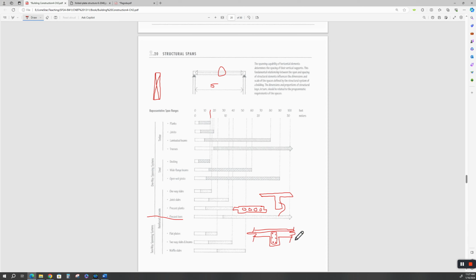And then here is your slab steel, longitudinal and cross longitudinal. And if it's a two-way slab, then you'll have an intersecting beam in this, at certain spaces going in this direction.